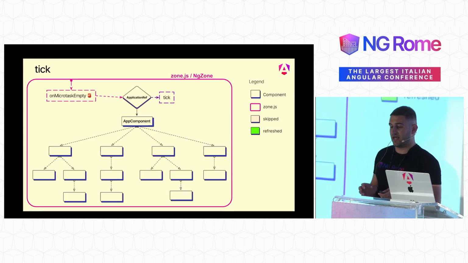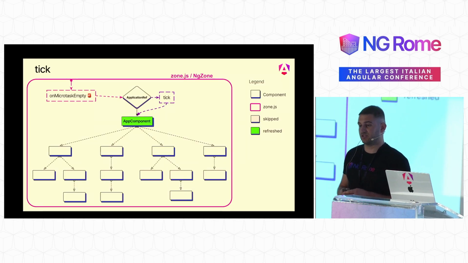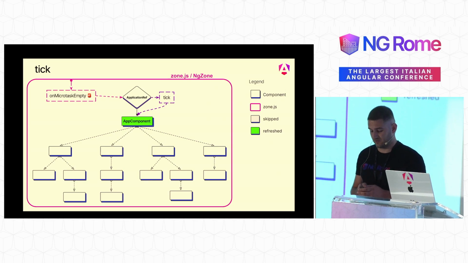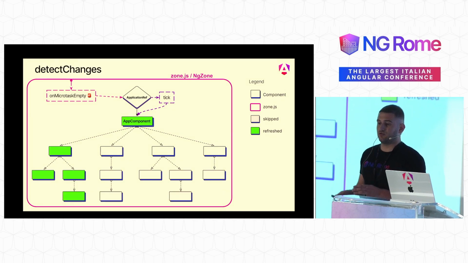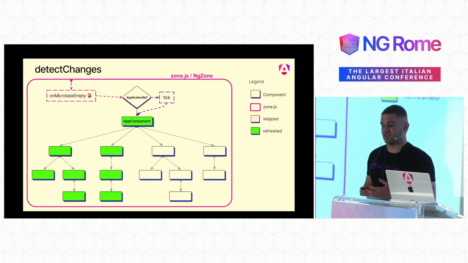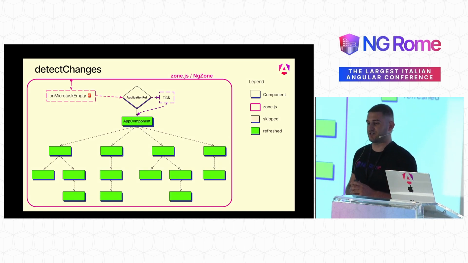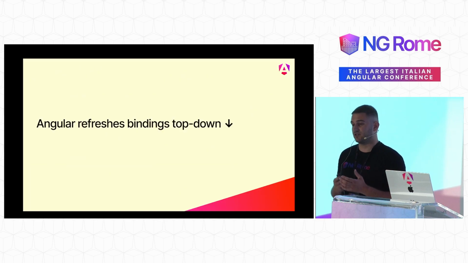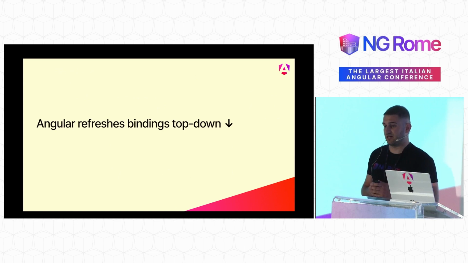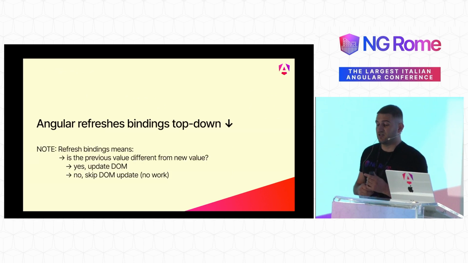So on tick, it will go to app component and run change detection. And then it will go to the first branch, refresh everything, go to the second one, refresh, third, refresh, fourth, refresh. So Angular refreshes bindings from top to bottom.